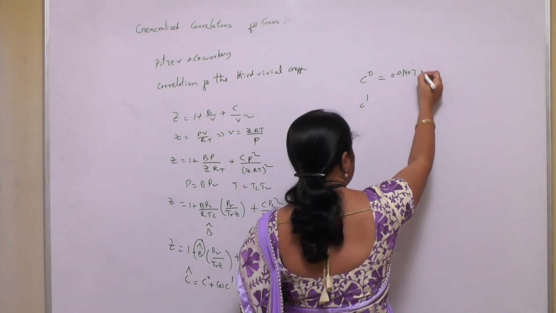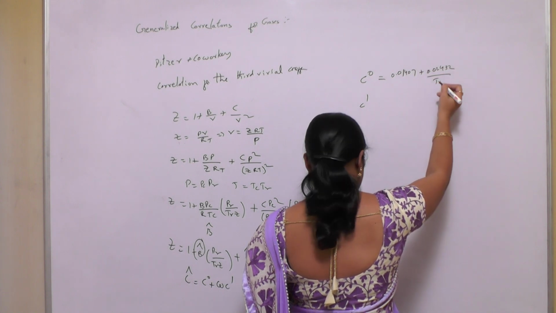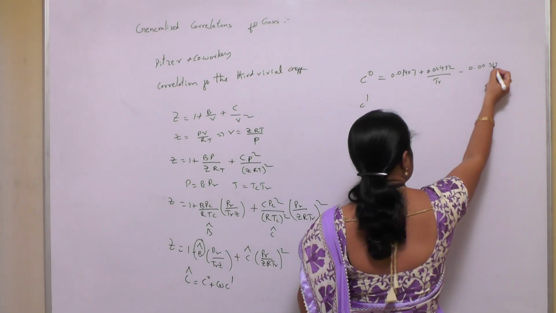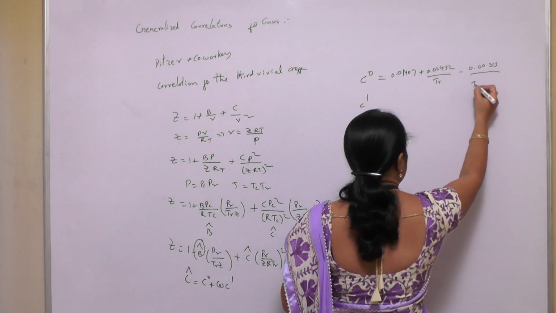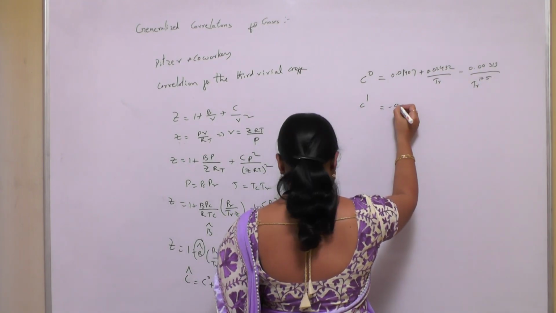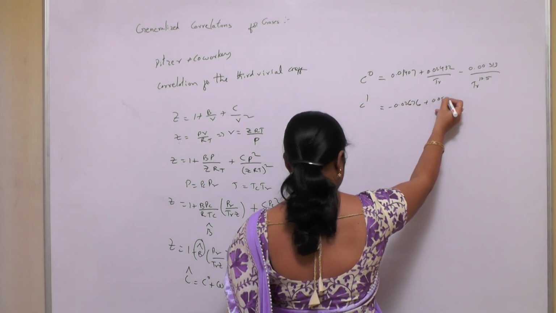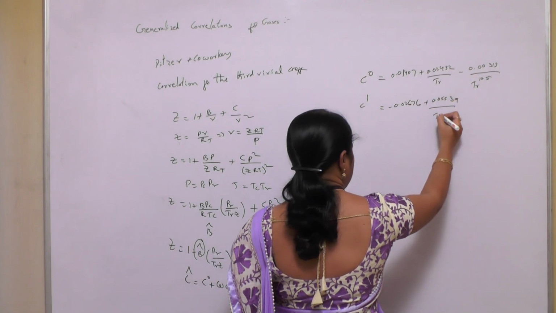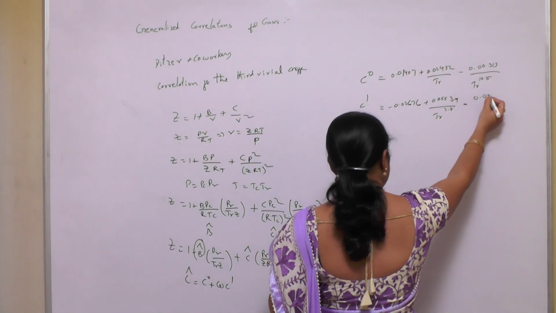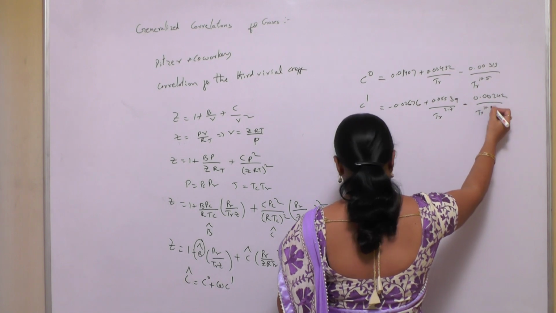C naught equals 0.01407 plus 0.02432 by TR minus 0.00313 by TR to the power 10.5, and C prime equals minus 0.02676 plus 0.05539 by TR to the power 2.7 minus 0.00242 by TR to the power 10.5.